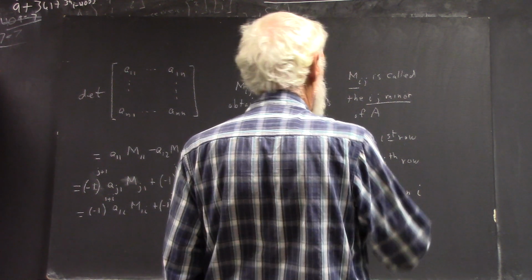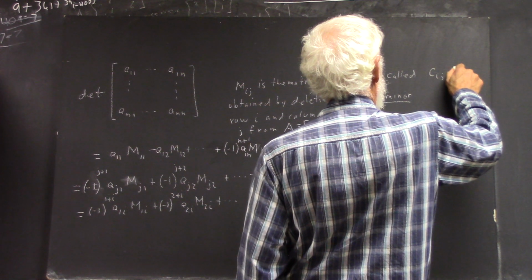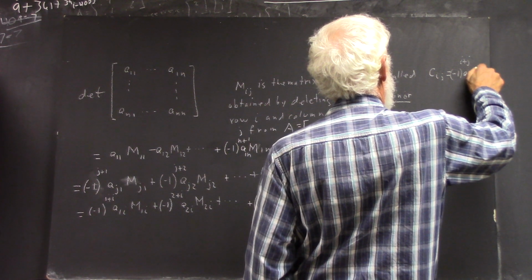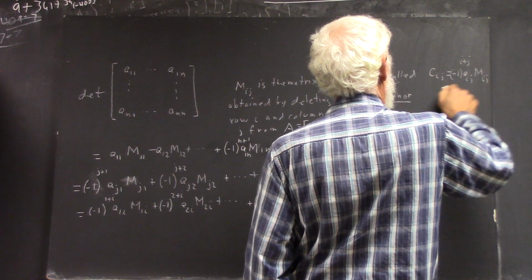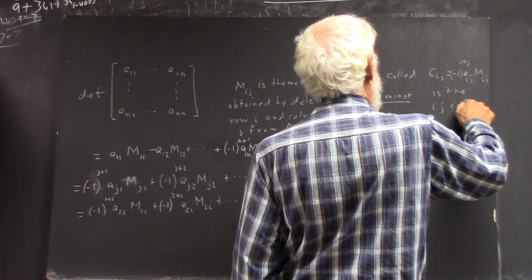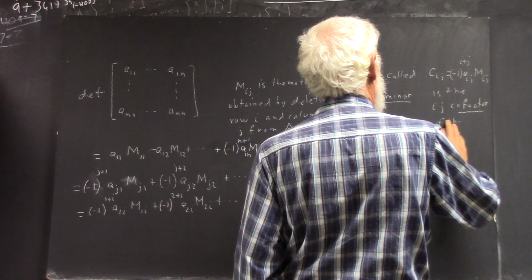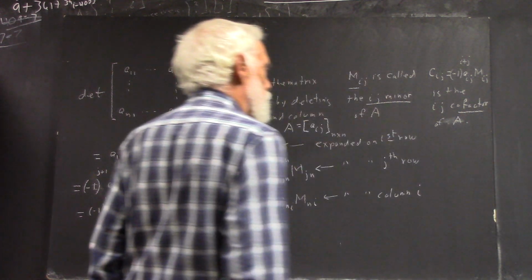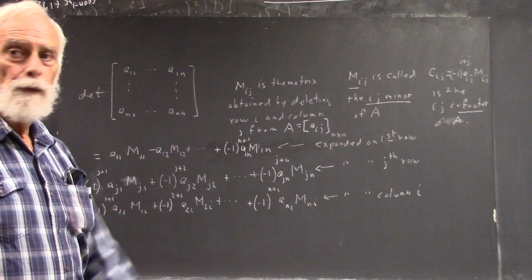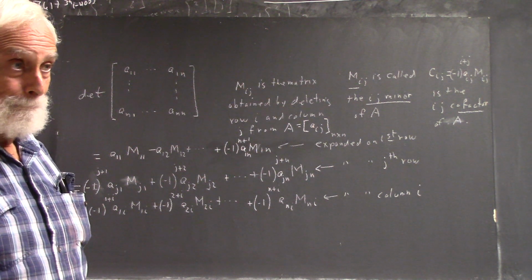And then you have this other thing, Cij. That's called the ij cofactor. So to get the determinant, you just add up all the cofactors that you get for a row or a column. Right? That's just terminology.